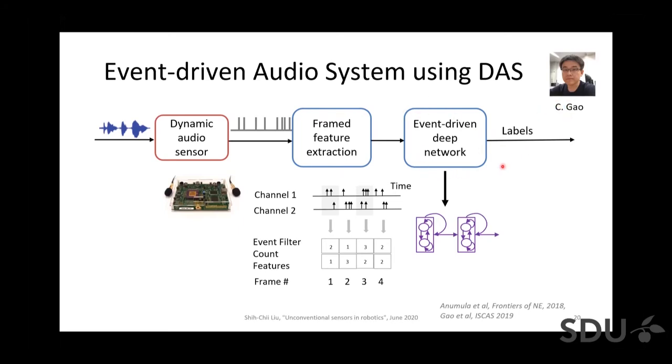This is the work of Chen Gao. The event-driven deep networks that we use for the speech applications are recurrent neural networks. It's event-driven because if we don't get an input frame, then we don't time-step the network. Basically, we don't compute the network when we don't get any input frames, or the input frames are zeros.